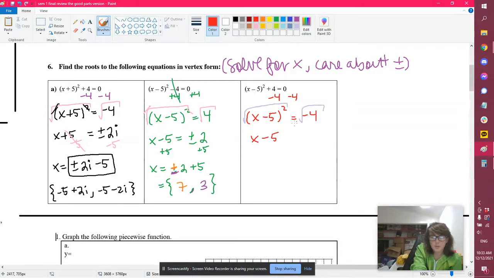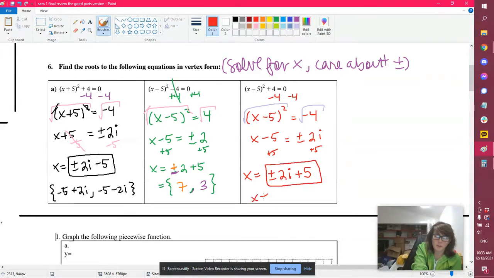The 3 things I have to check for square roots are: I put a plus or minus. Square root of 4 is 2. Do I have an i? Yes, I've got an i. I'm going to add 5 to both sides. I get plus or minus 2i plus 5. I say I'm finished, right? If I wanted to write them out in 2 different forms, I'd say 5 plus 2i and 5 minus 2i.